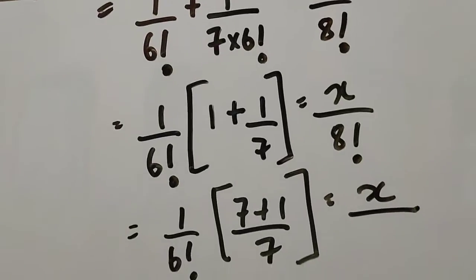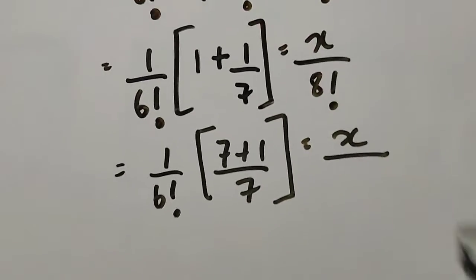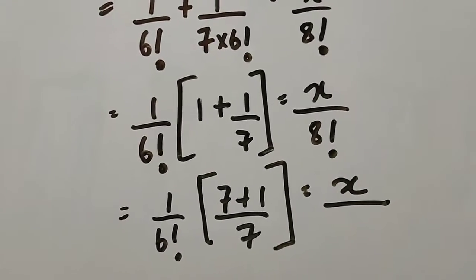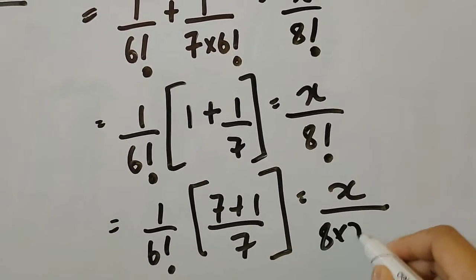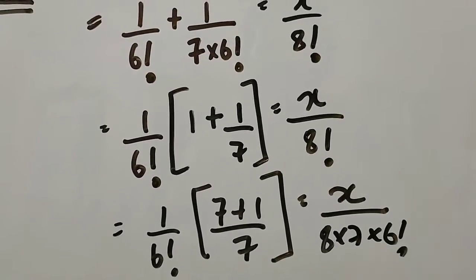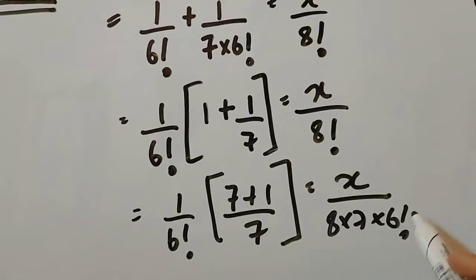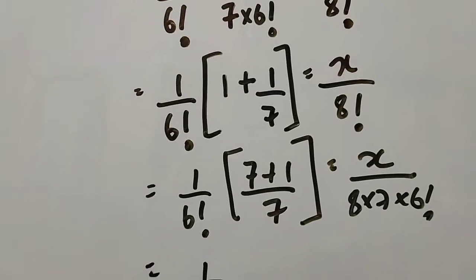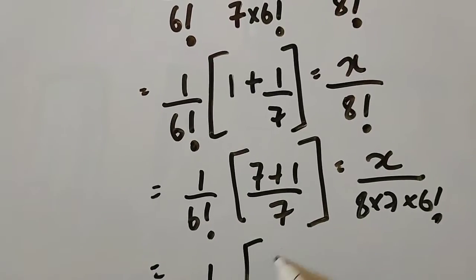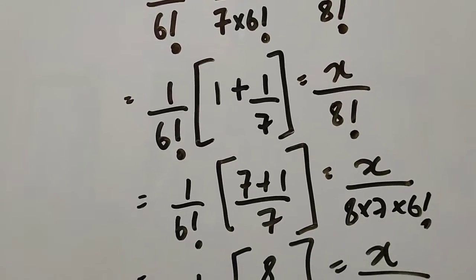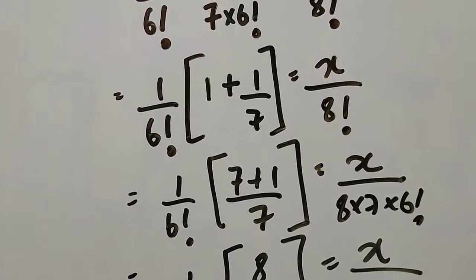And then from 8 also you see 8 is bigger than 6. So from here also I will be getting a 6 factorial. 8 into 7 into 6 factorial, I can express this 8 factorial like this. Now 1 by 6 factorial, and then this becomes 8 by 7, equal to x by 8 into 7 into 6 factorial.